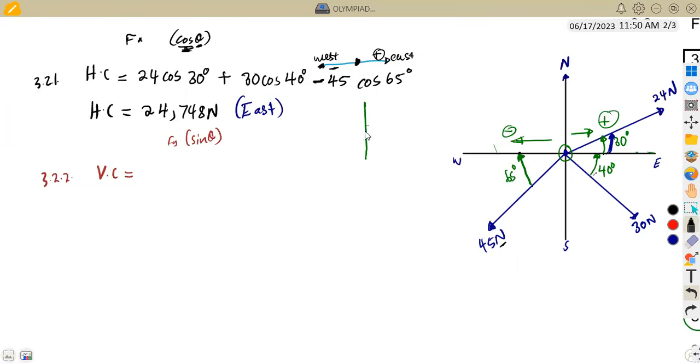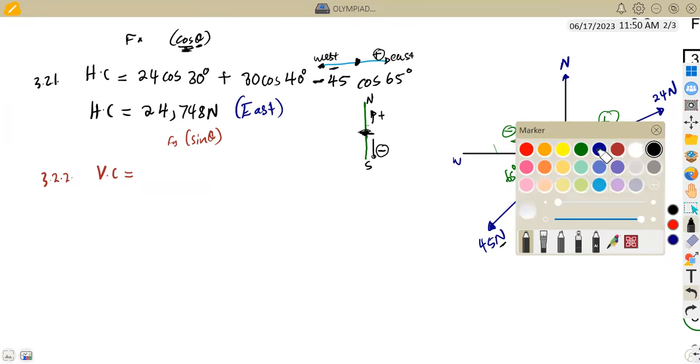When we are going up, that is where we have a positive, that is to the north. And if you are going down, that is a negative, meaning to the south. So whatever is below the horizontal axis is a negative, above it's a positive. That is the concept you're going to use for the vertical.